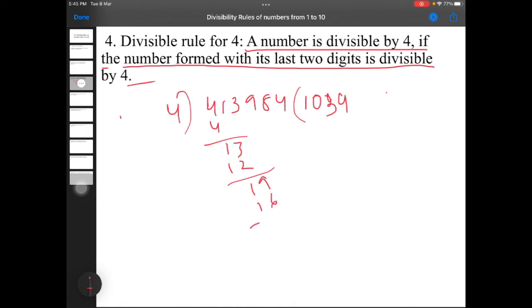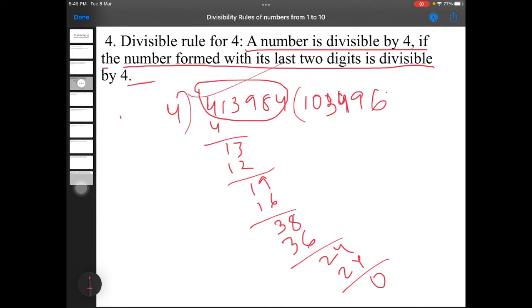Go with 4 will be 16, then 3, then 8 will come, then here we'll go with 9, that will be 36, then 2 will come, then 4, then here 6 will be 24. So we can see this number can be divided by 4.